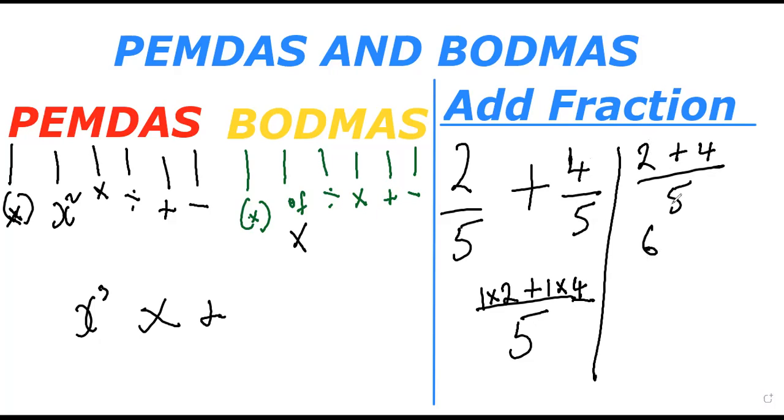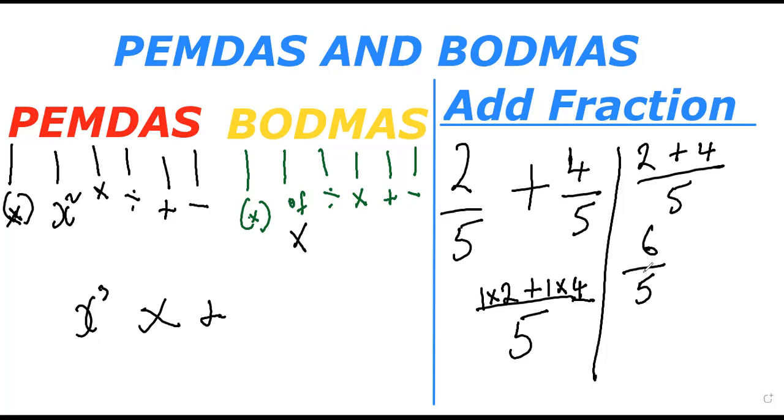We have 5 at the bottom, which is the denominator, which is 5. This is supposed to be the answer, but in the field of mathematics, we cannot leave a number like this. This is inappropriate. For this to be appropriate, we have to simplify it further.